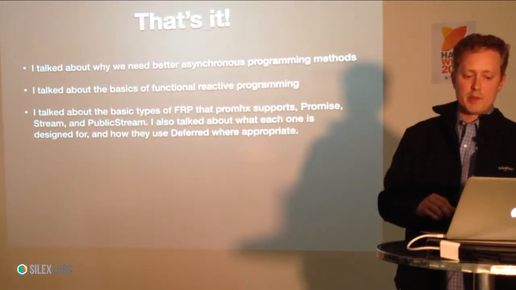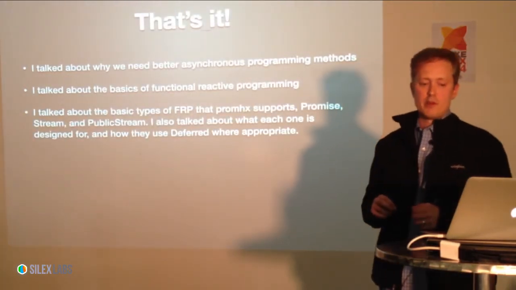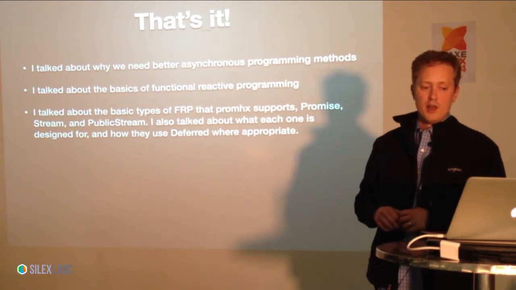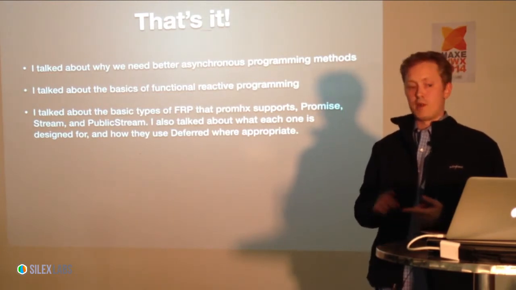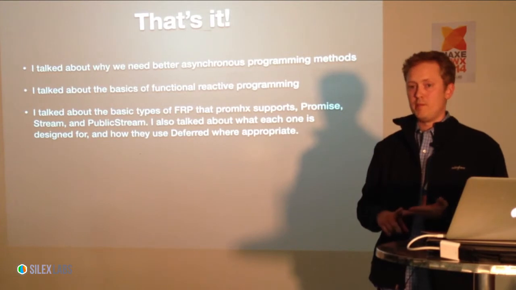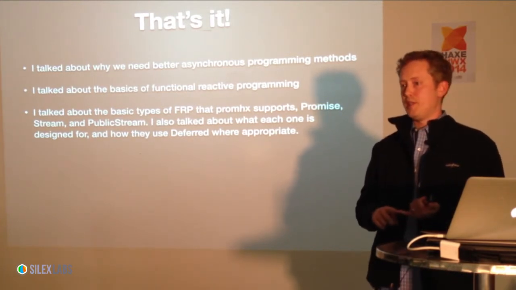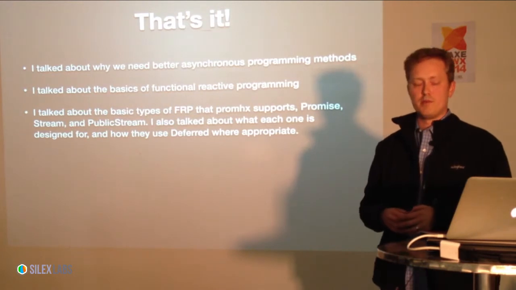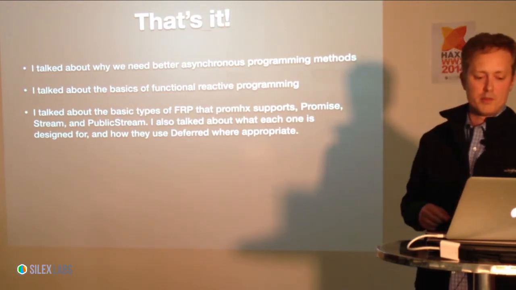I'm going to talk about the basic types of reactive programming that Promhx supports. So that's the promise, the stream, and the public stream, and the way that I'm using Deferred as a special writable interface so that it protects those streams from updates that might occur from third-party code.